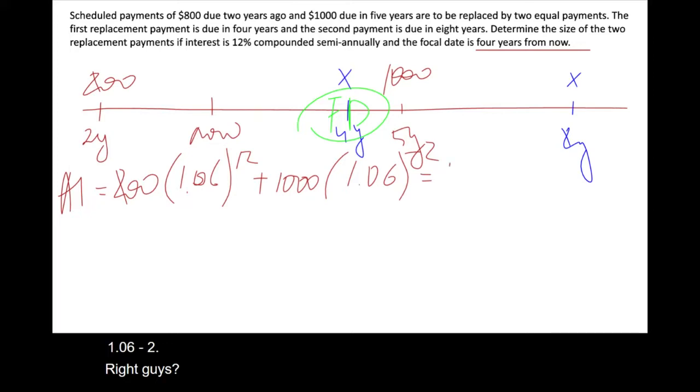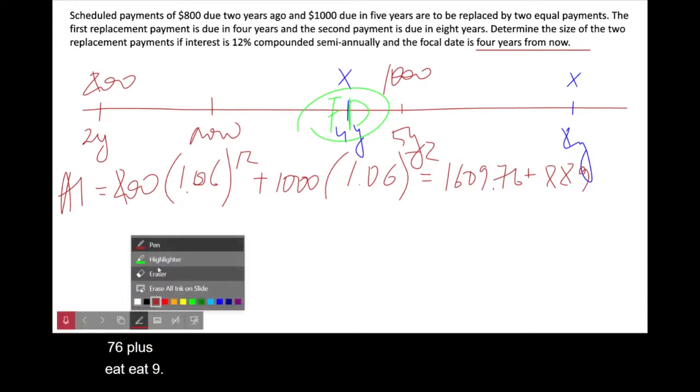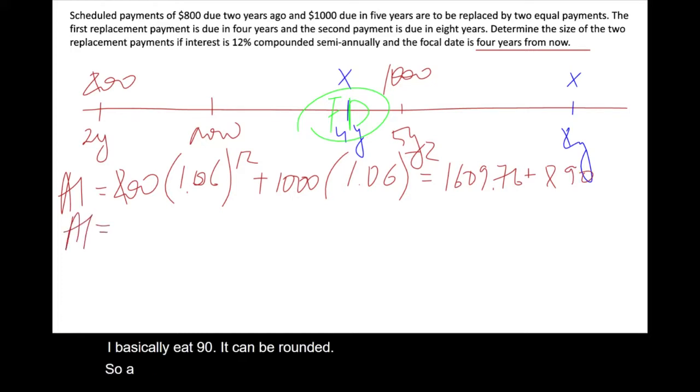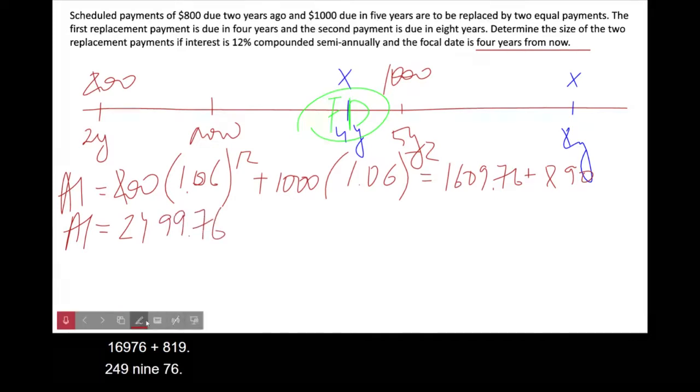Times 800, so 1609.76 plus 889, basically 890. It can be rounded to that. So A1 is 1609.76 plus 890, 2499.76. So that is agreement 1.